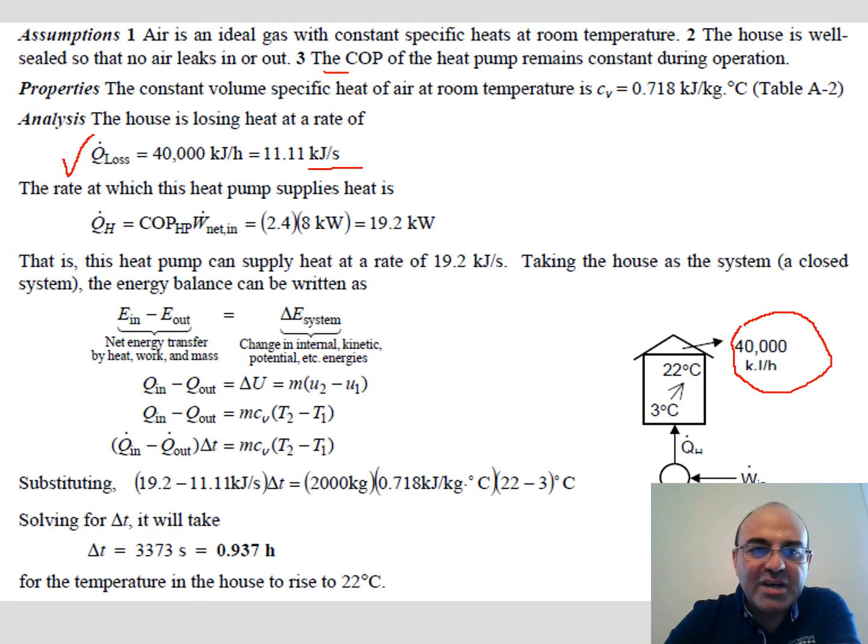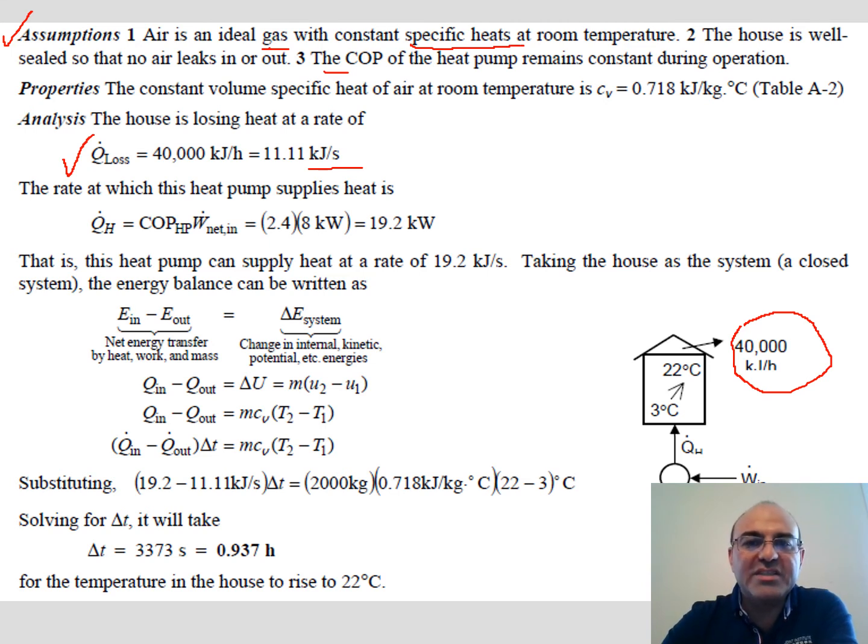We also assume that air, so I forgot to mention the assumptions at the beginning, sorry about that. So we assume that air is an ideal gas, because as you remember, the temperature of the air is supposed to increase from 3 degrees to 22 degrees C. So we could either use the air tables for this temperature increase, how much energy, how much heat is needed, or we could use an average specific heat.